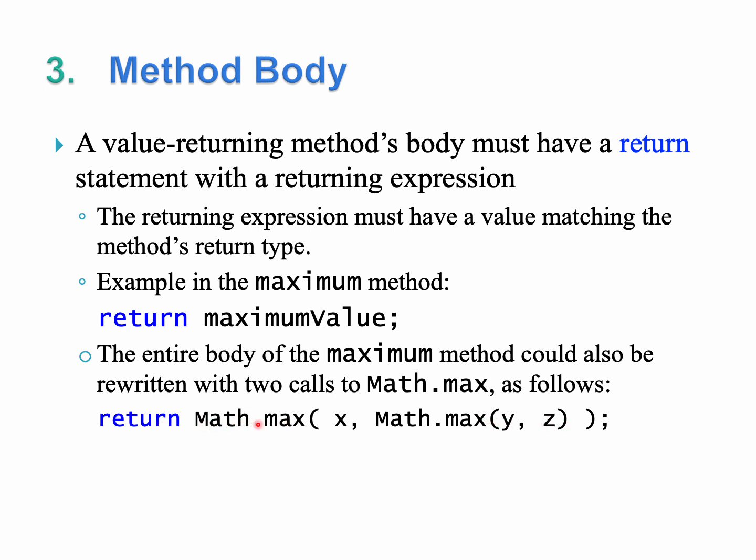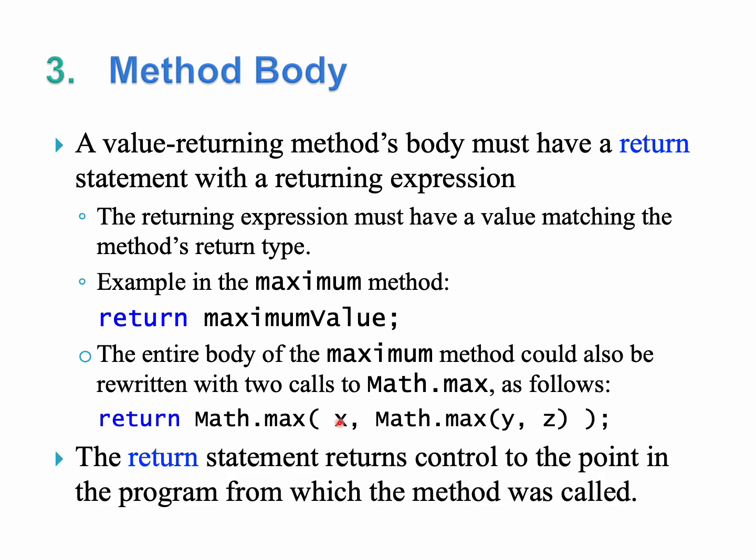The outer call to max specifies the arguments x and the result of the inner call to Math.max with the two arguments y and z. So basically it applies Math.max to find the maximum value between y and z, and then passes that as the second argument to the outer call of max, whose first argument is x.